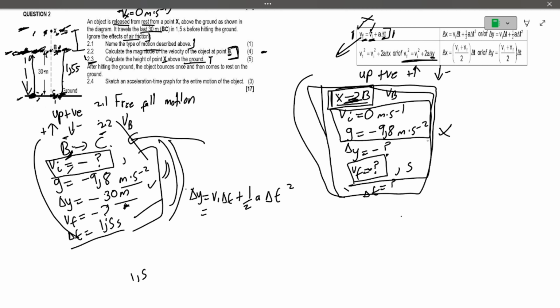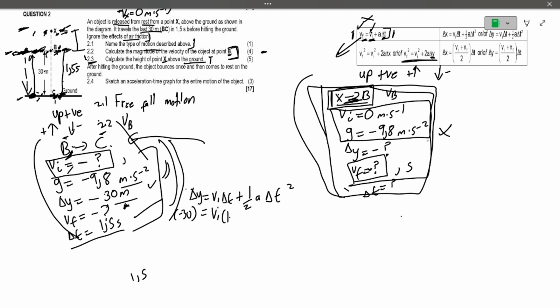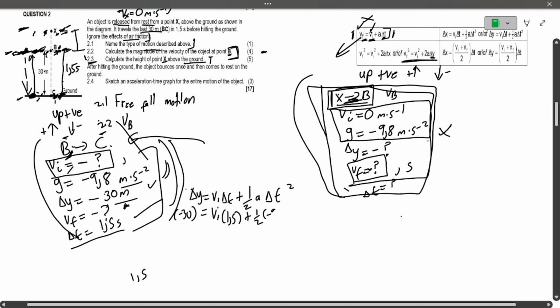When we substitute, here we're going to put -30, which is the distance covered, and V initial, which we are looking for, times the change in time, which is 1.5, plus half times -9.8 times 1.5 squared.